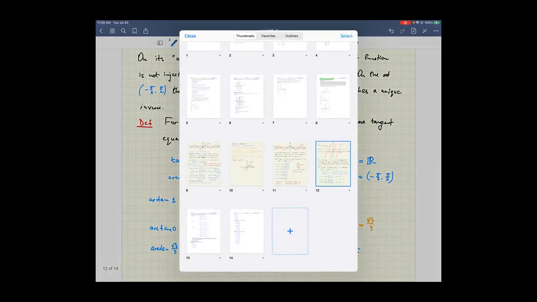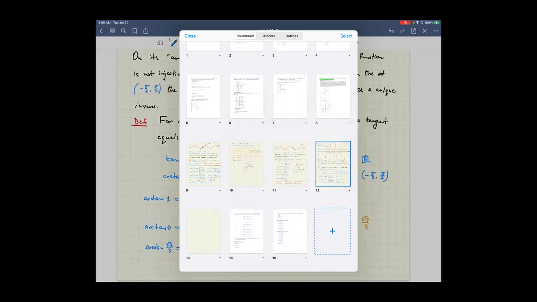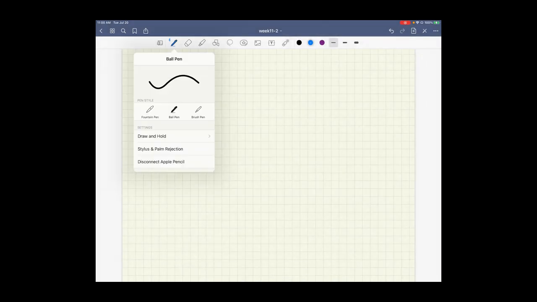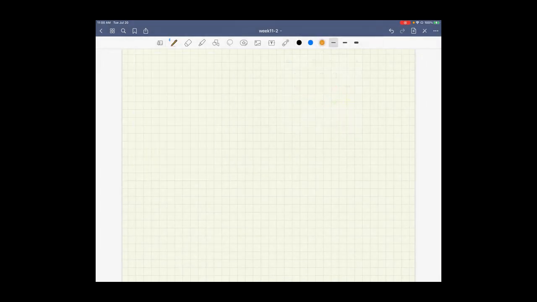Let's add a page. And I can also compute tangent of pi/3, that's sine of pi/3, √3/2, over cosine of pi/3, that's 1/2. That is √3. So that immediately implies that arctangent of √3 is pi/3.